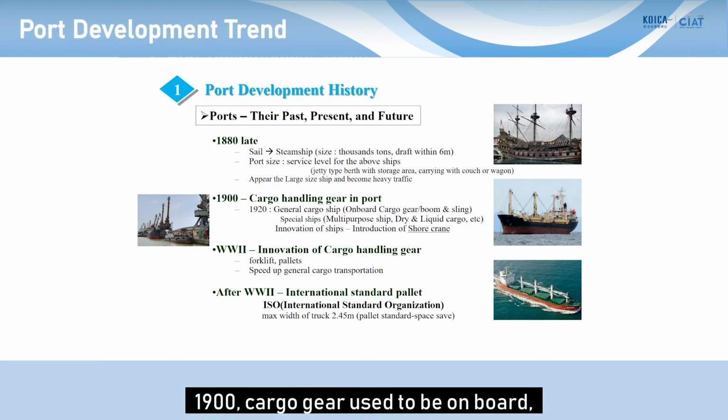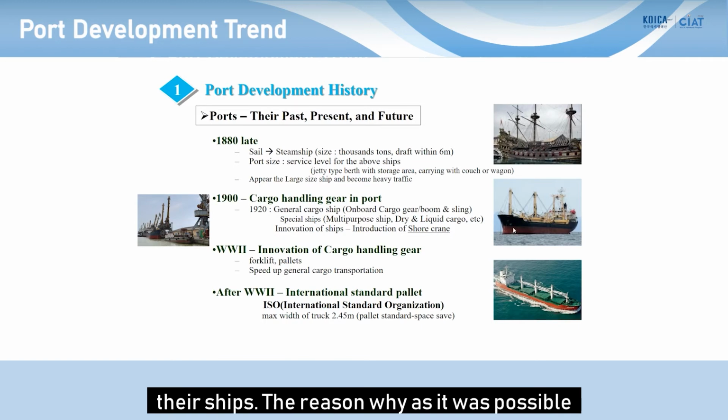In 1900, cargo gear used to be on board, and later it changed to the shore crane, the cargo handling crane, instead of the ship's. The reason is that it carries more cargo, replacing the ship crane.